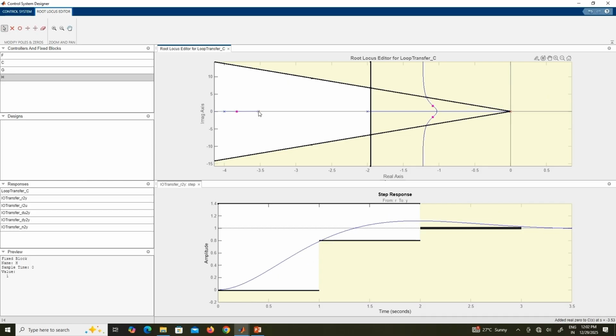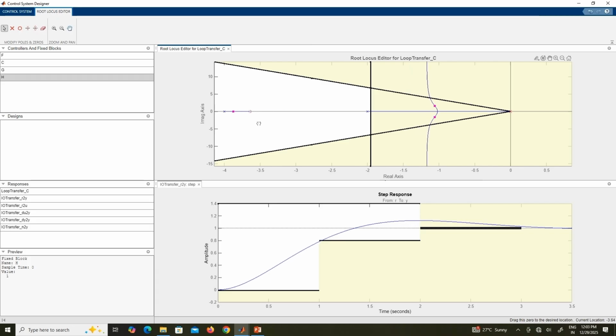And you see, as soon as I added the zero, the root locus has come towards the right a bit. I hope up to this it is clear. Now have we solved the problem? Maybe, because I have put this zero wherever I wanted to. So I can click on this zero, hold on to it and keep on changing the position of the zero also, and I can change the root locus.